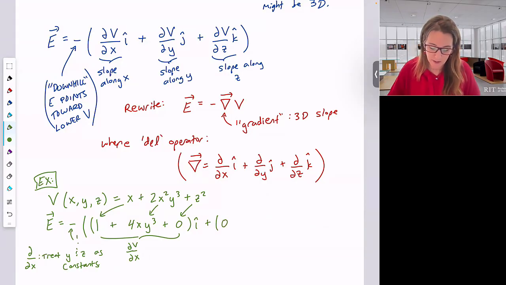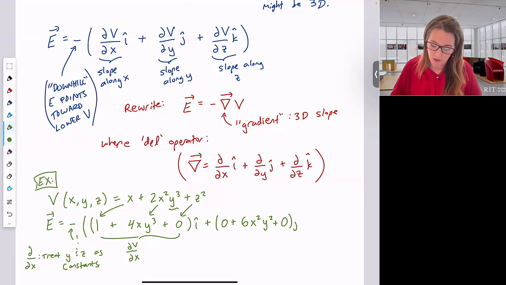So the first term, x is a constant now, so it's 0, plus now I just have this y cubed, so I'm going to end up with 6x squared, treating x as a constant, y squared, and then z is a constant when I'm doing my partial y, so I just end up with 0 and then j hat here. And then this was partial V, partial y, and that was when x and z were constants.